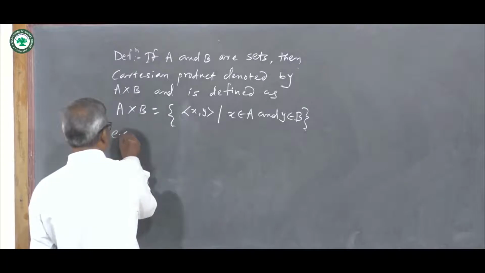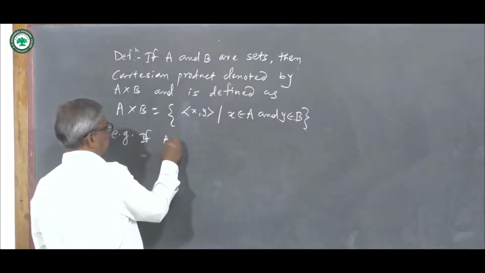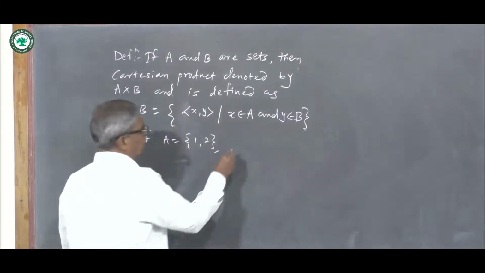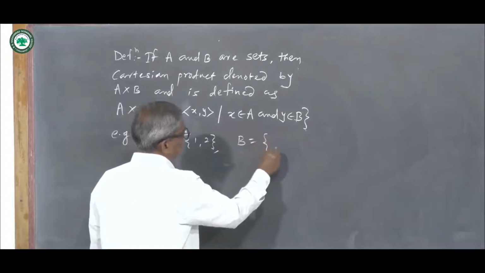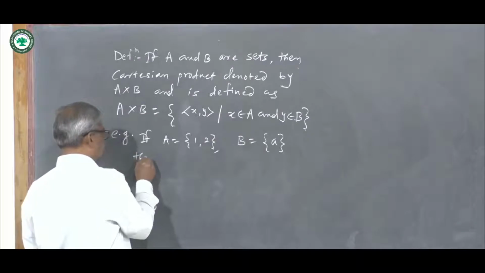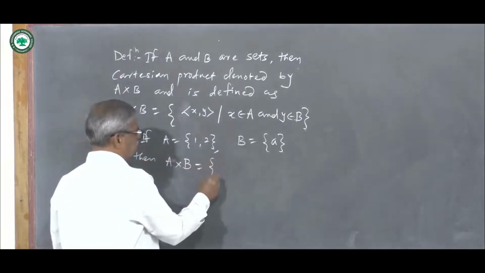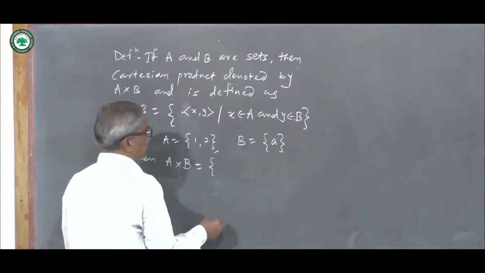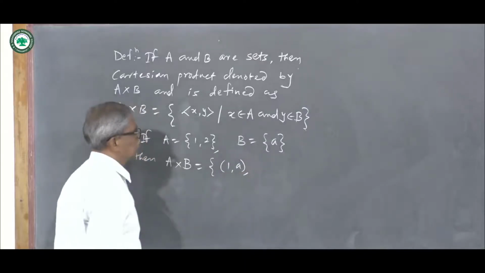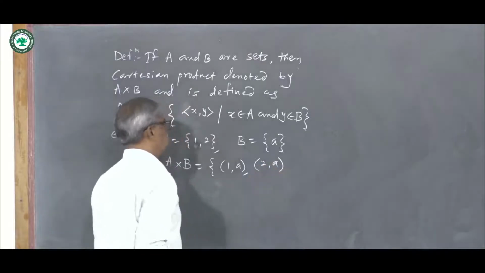For example, if A is equal to {1, 2} and set B is equal to {a}, then A cross B is equal to the ordered pairs (1, a), (2, a).